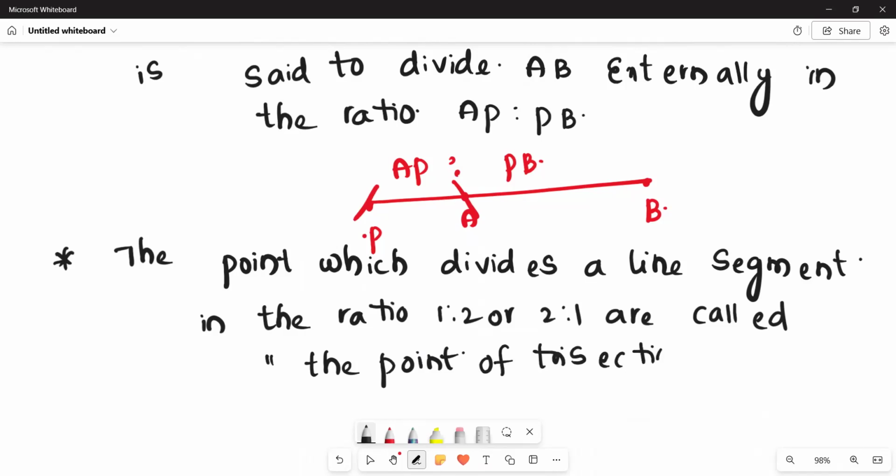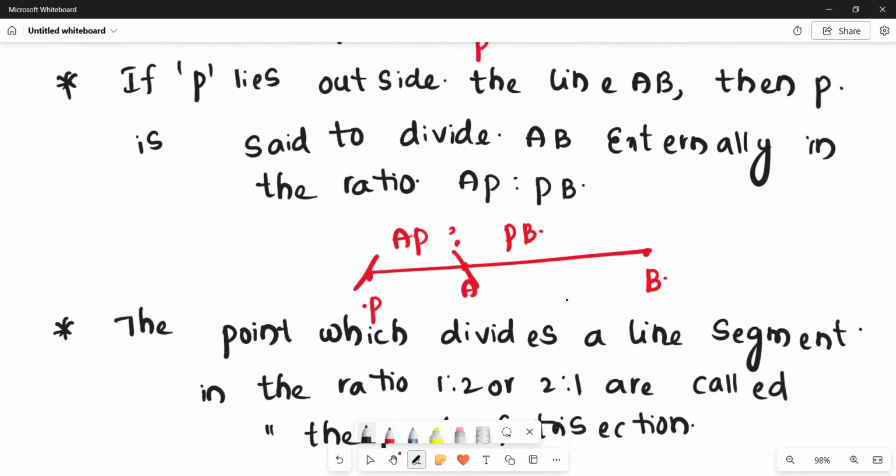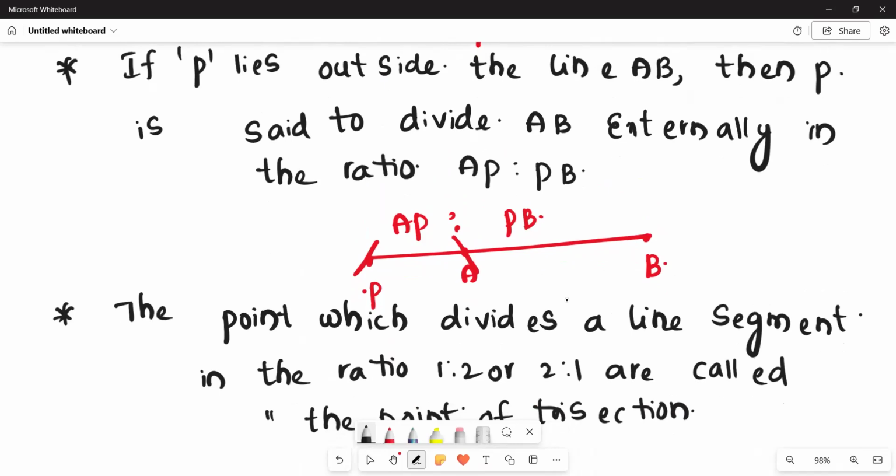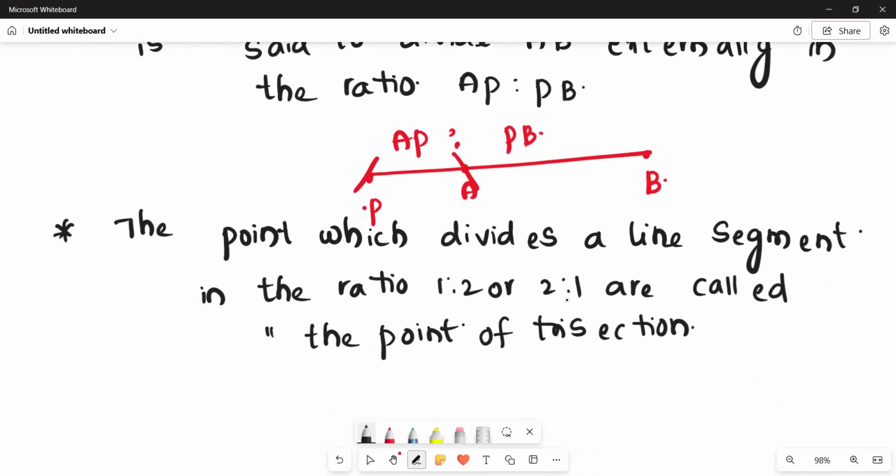As we have seen before, if we take one point in between my line segment AB, it may be internal or external. But if it has the particular ratio of 1 is to 2 or 2 is to 1, that means this portion is 1 and the second portion is 2.